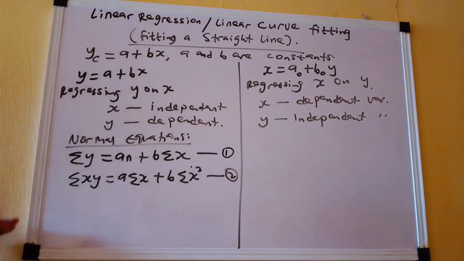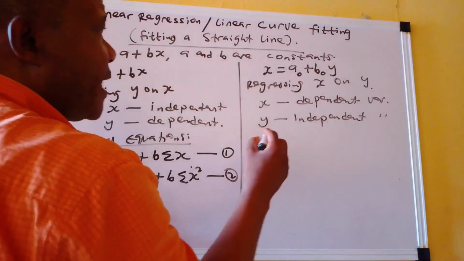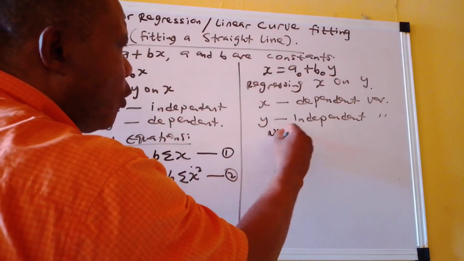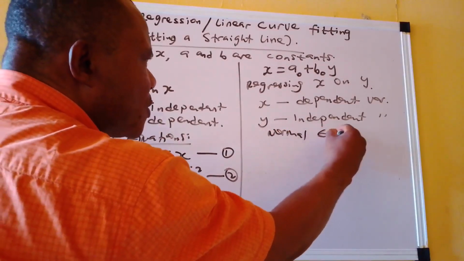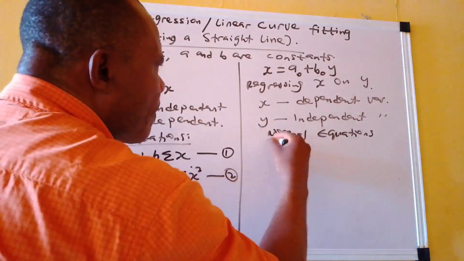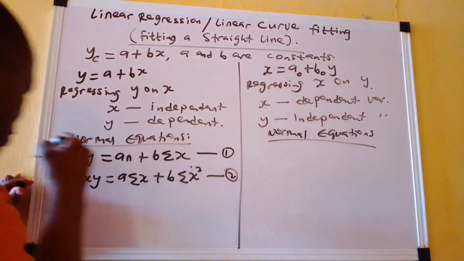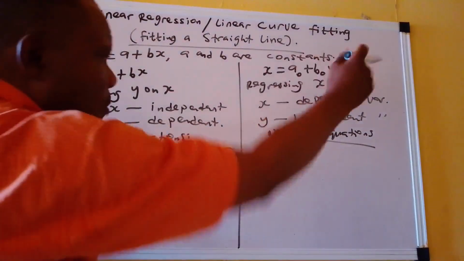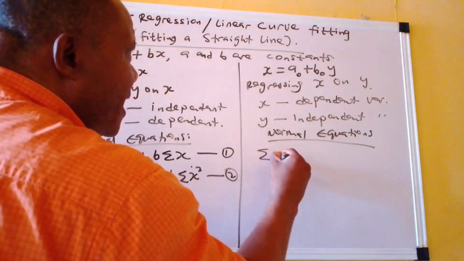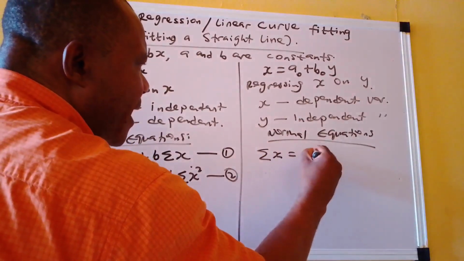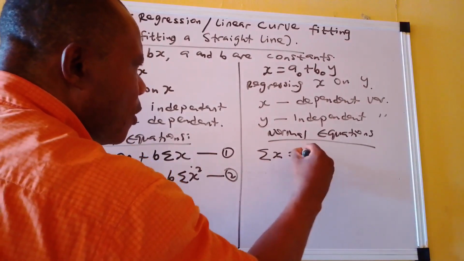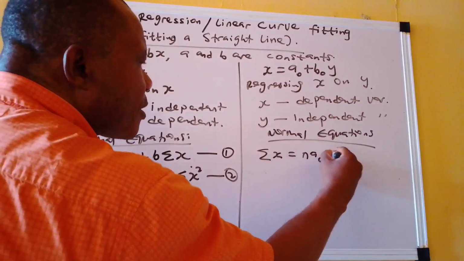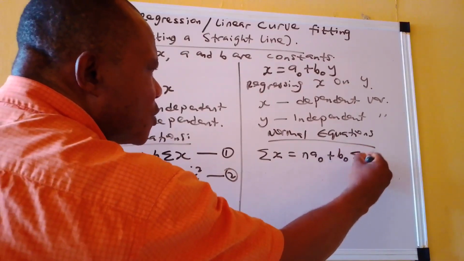Now, if you come here to the case of x on y, our normal equations from this same model, you take the sum first, like we did here. When you take the sum first, we're going to have summation x is equal to n a naught, plus b naught summation y.